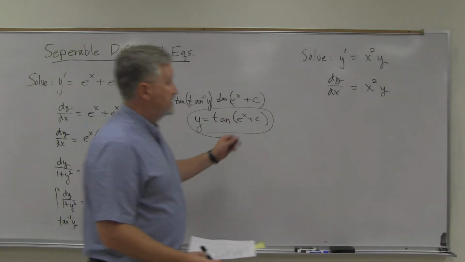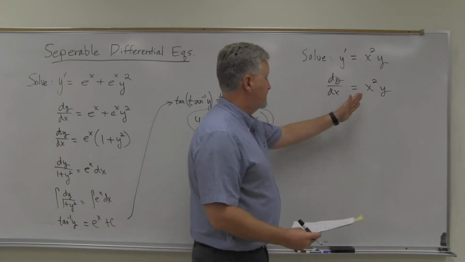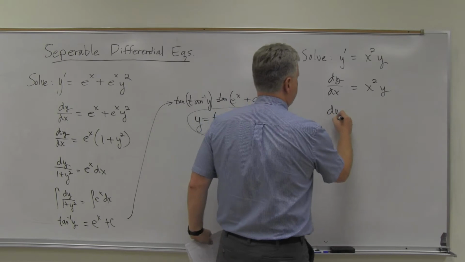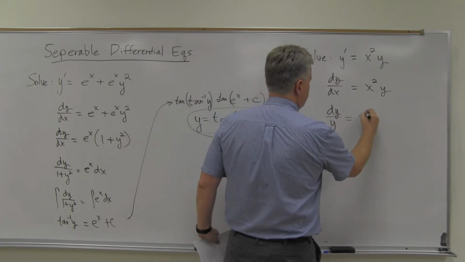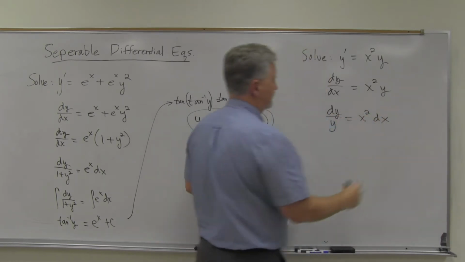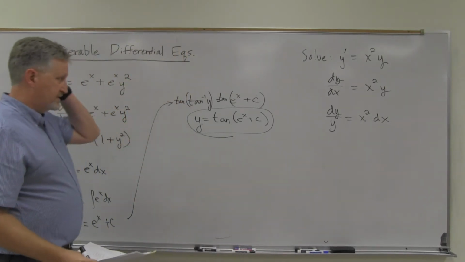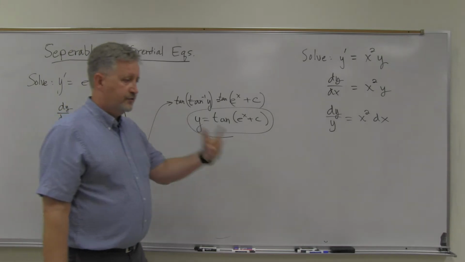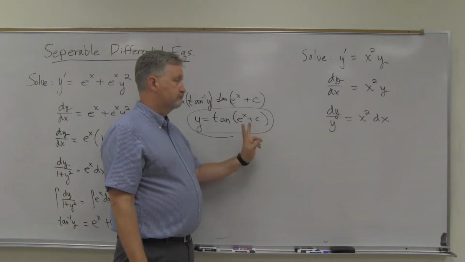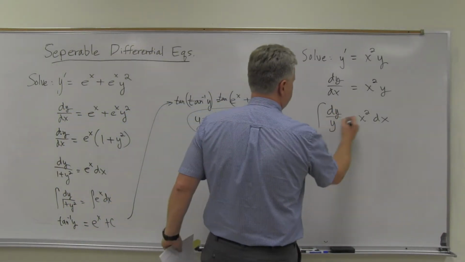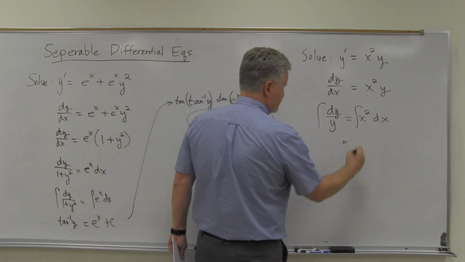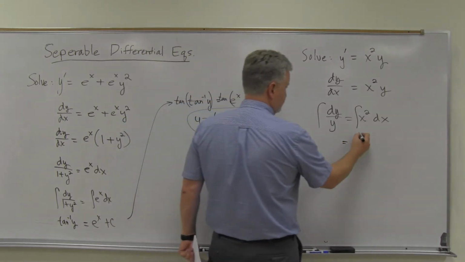Definitely multiply by dx both sides and then divide by y both sides. So dy over y equals x squared dx. Okay, so we've got something different on both sides again. Step 2: integrate both sides. The right side's nice. This is just power rule, 1/3 x cubed plus c.